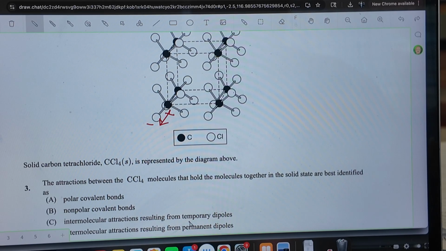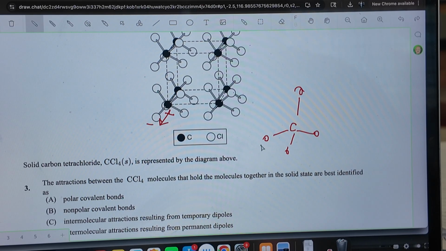But the molecule is symmetrical. It's tetrahedral, like a pyramid, right? And since the whole molecule is kind of equal, I think these are, correct me if I'm wrong, 109 degrees.